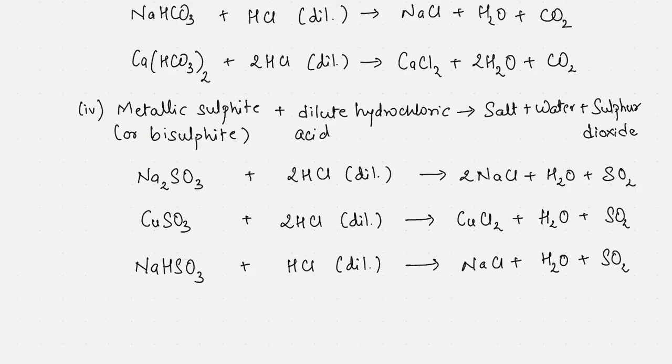So whenever any metallic sulfite or a bisulfite reacts with a dilute acid, it gives you salt, water, and sulfur dioxide gas.